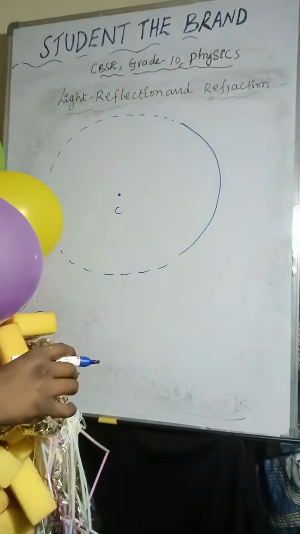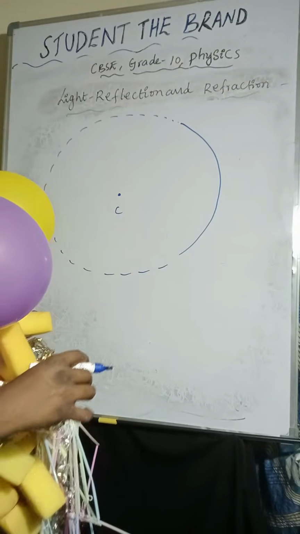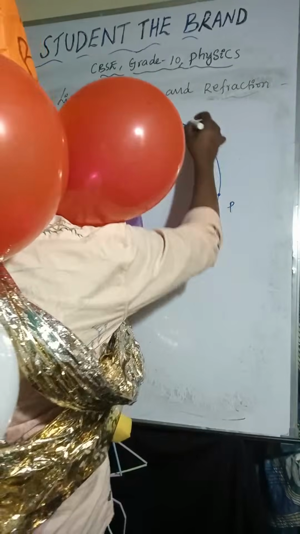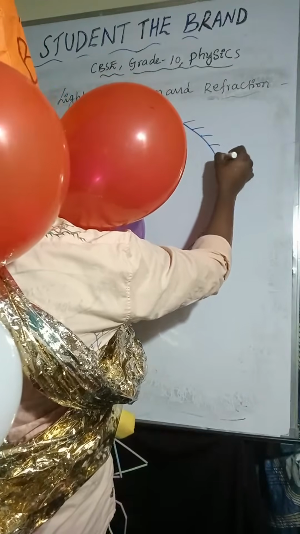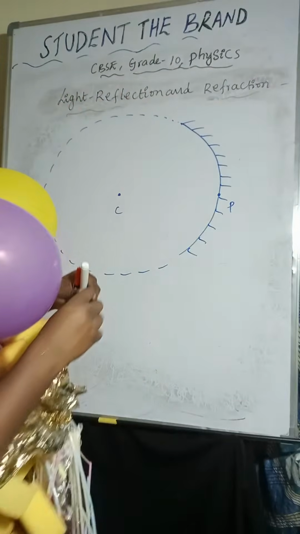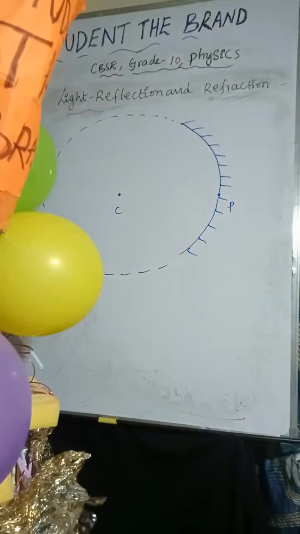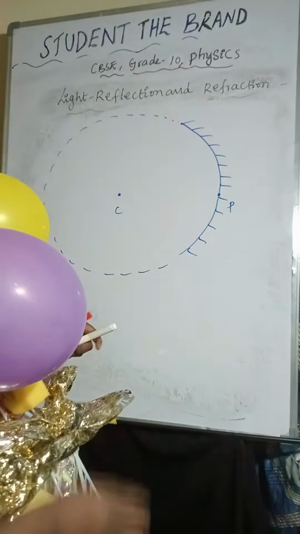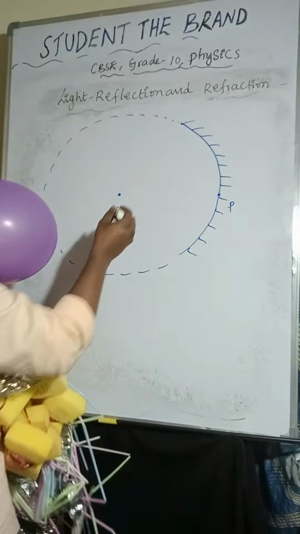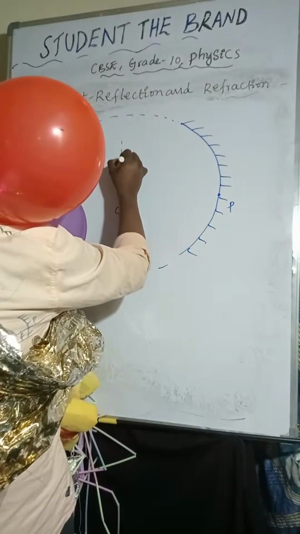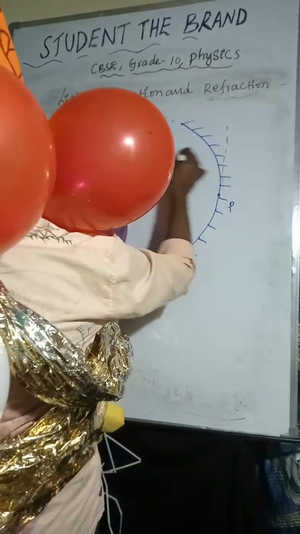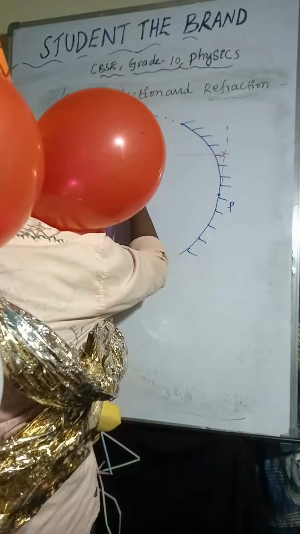This is the center of the imaginary sphere of which the mirror is a part. The midpoint of the mirror is called the pole.